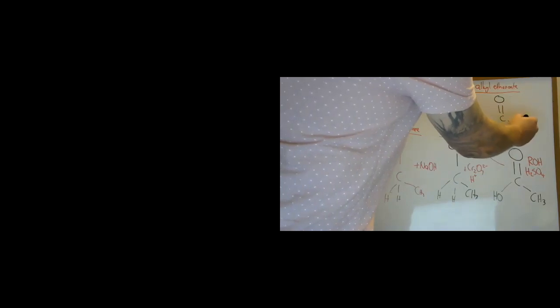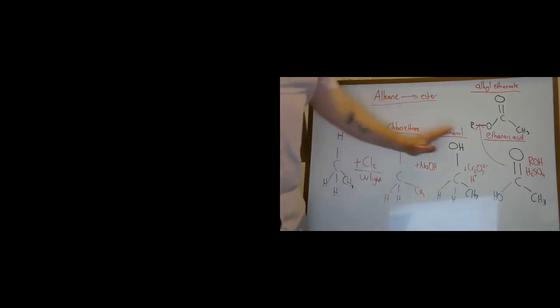So now we're putting all that stuff we learned together into one diagram. So alkyl ethanoate. So that's a reaction pathway that we can use to produce an ester or anything along this pathway.